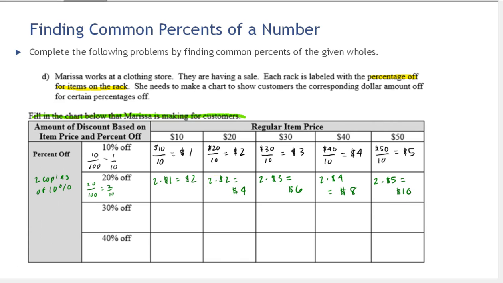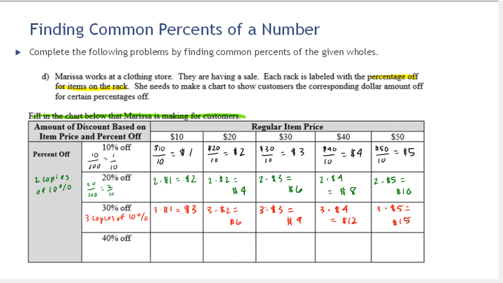Now 30% off is 3 copies of 10%. So we can multiply the original 10% by 3. So we have 3 times $1, which is $3, 3 times $2, which is $6, 3 times $3, which is $9, 3 times $4, which is $12, and 3 times $5, which is $15 off.